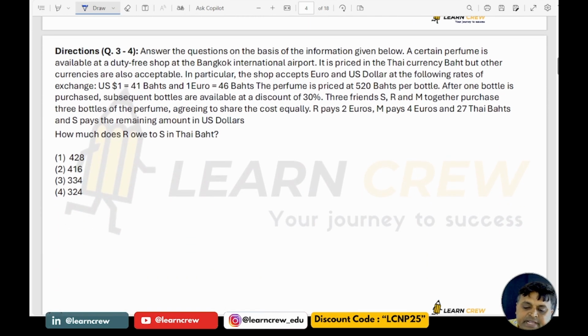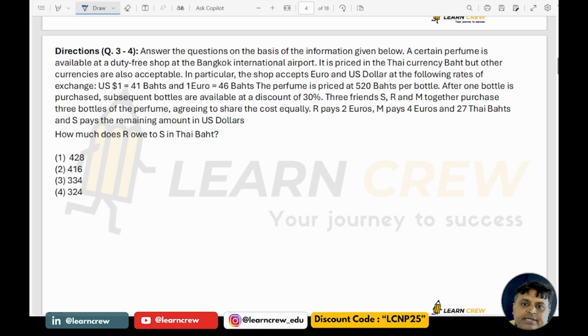Question number 3 and 4. You have same data. See here, a certain perfume is available at a duty-free shop at the Bangkok International Airport. It is priced in the Thai currency baht, but other currencies are also acceptable.